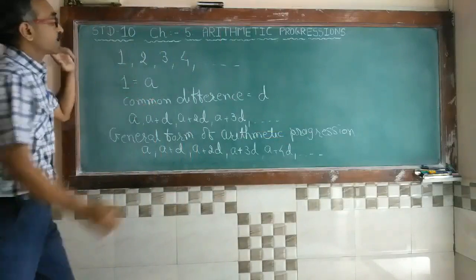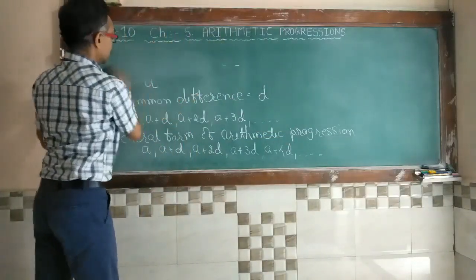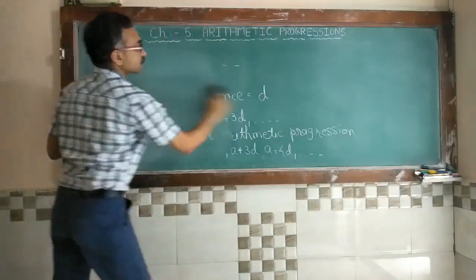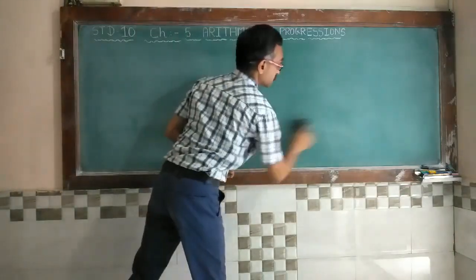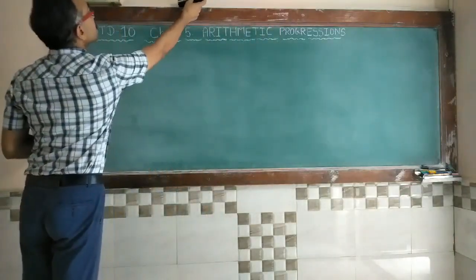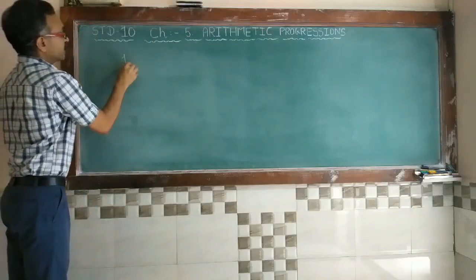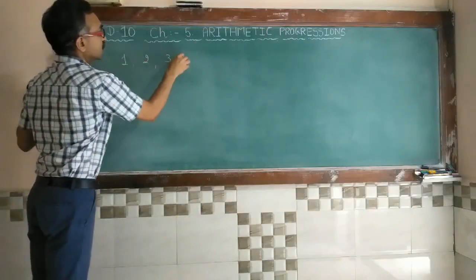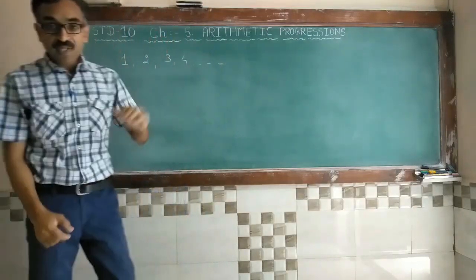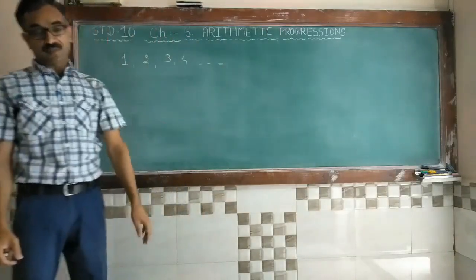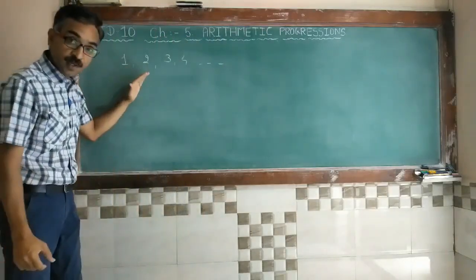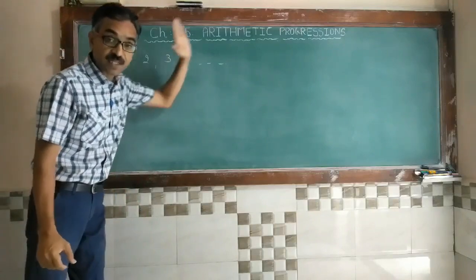Now see, suppose we are taking again 1, 2, 3, 4, but it has infinite numbers. So it is called infinite arithmetic progression.